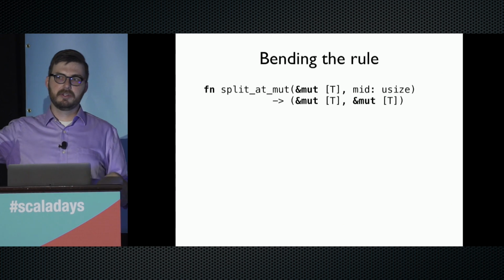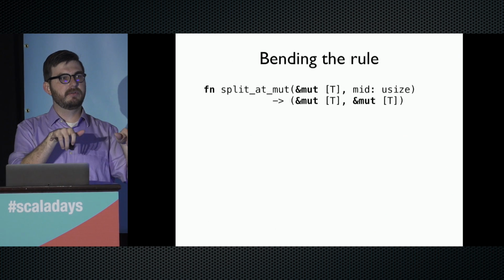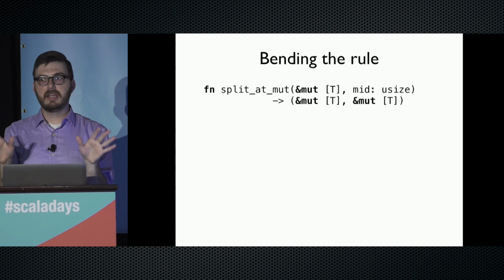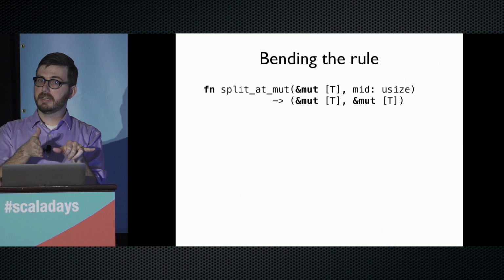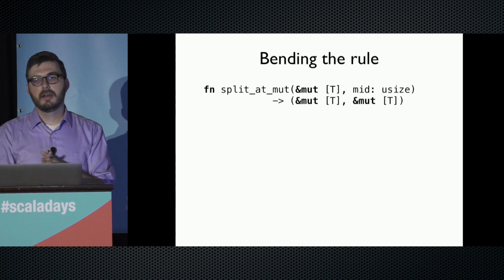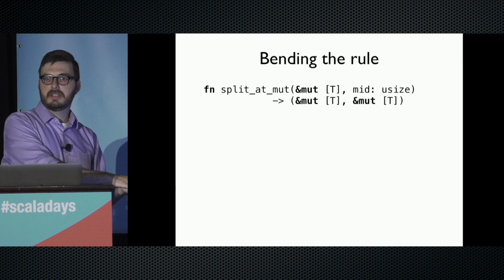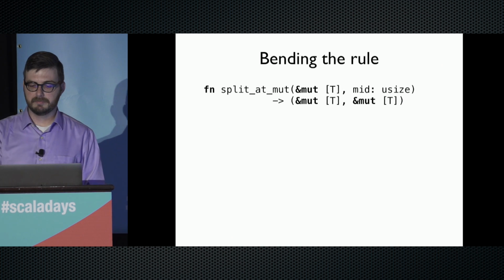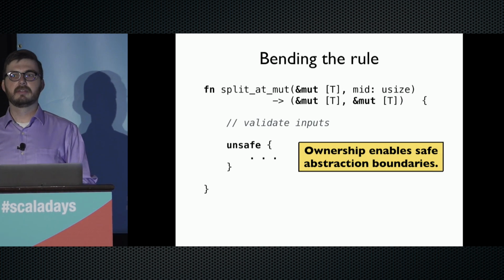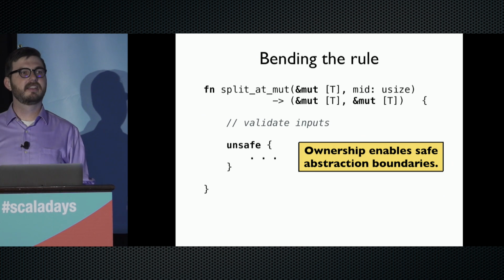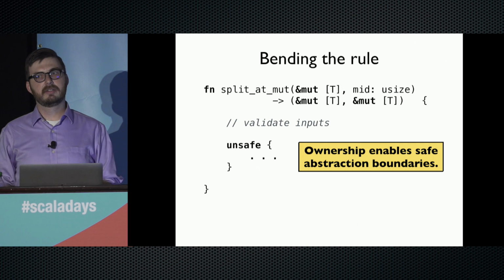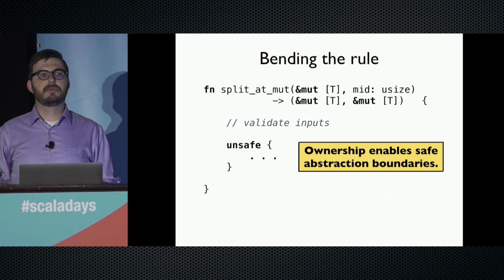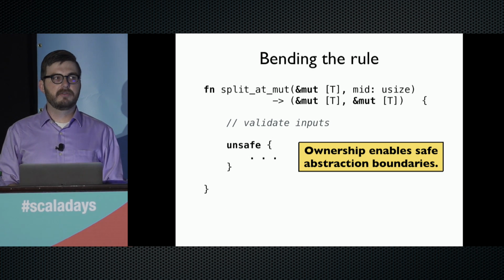But in particular, it comes in with mutable access to the whole slice and wants to give you separate, simultaneous mutable access to the subslices. Now, this should be OK because those subslices are disjoint, right? They're broken at the midpoint, so there's no actual aliasing here. But unlike the fields I was just talking about, Rust doesn't have the ability to reason about array indexing and arithmetic and that kind of thing. So how do we do it? Well, we break the rules, but in a controlled way. So Rust gives you a notion of an unsafe block, where basically you are allowed to break the rules of the borrow checker.